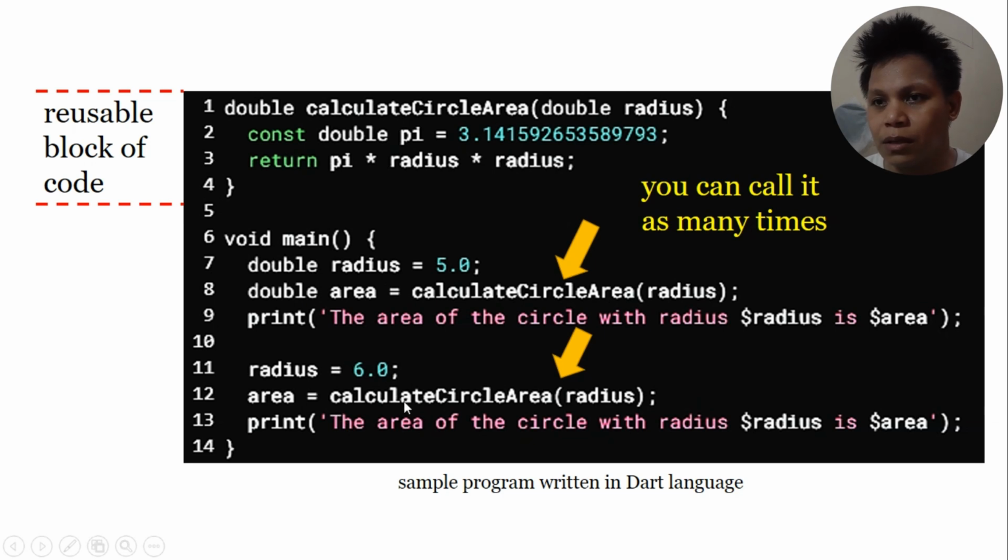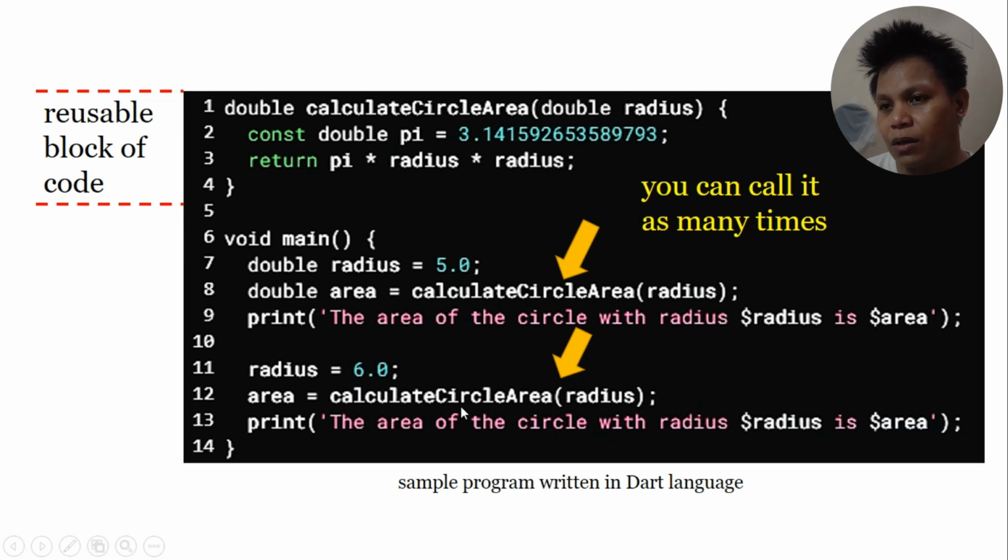So once calculate circle area has been called, it will jump to line 1, and whatever value was passed, let's say for example 6, is the value of the radius.